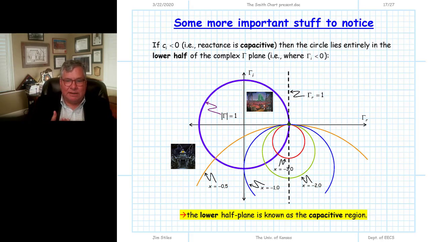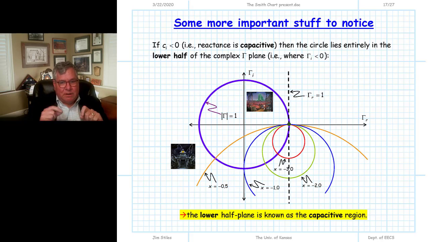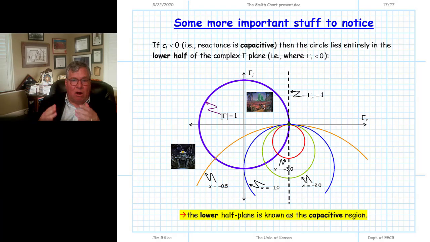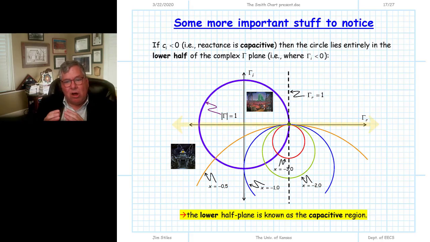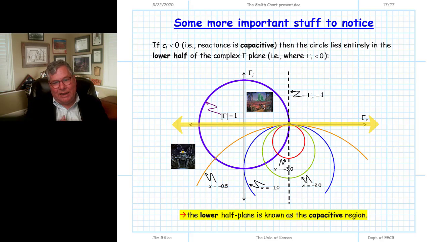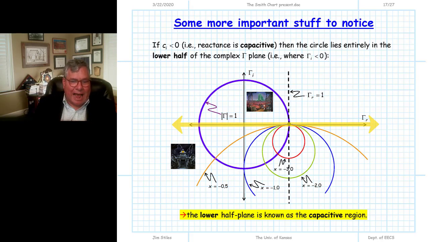So there's kind of an interesting thing here when you think about it. We go back to the vertical contours of the form R equal to CR. Those vertical contours all had circles mapped onto circles whose center was along the contour gamma I equal to 0, the horizontal axis of the complex gamma plane.